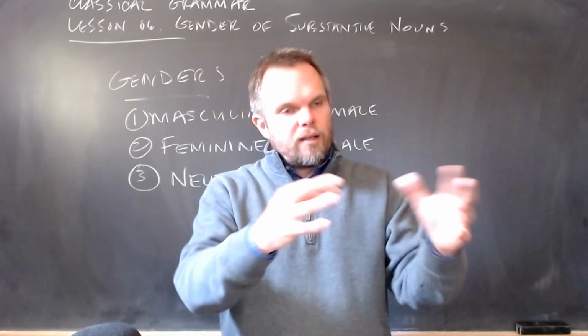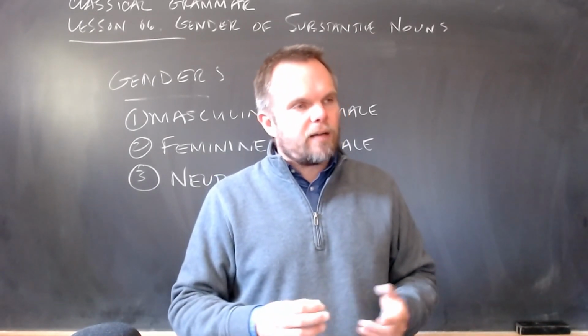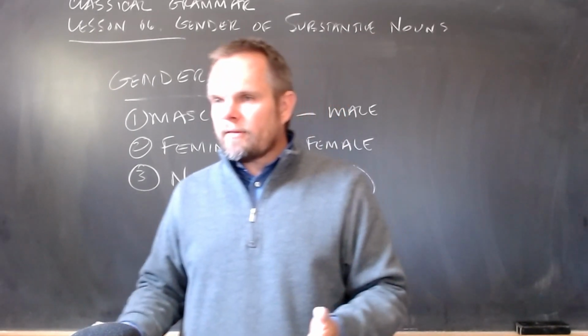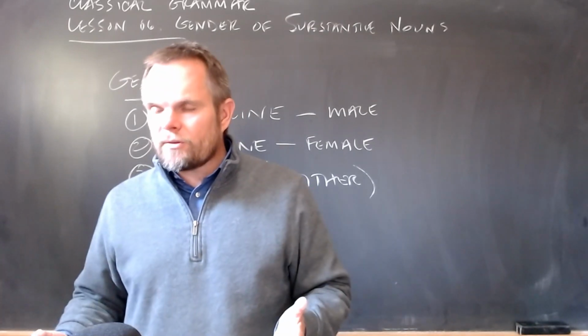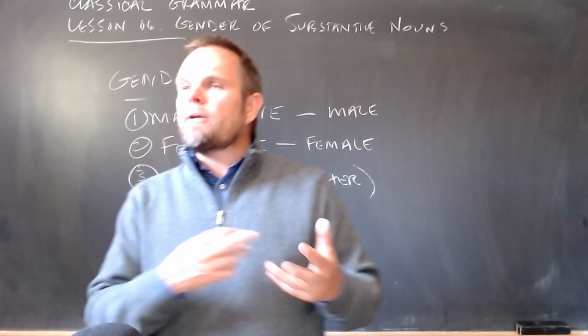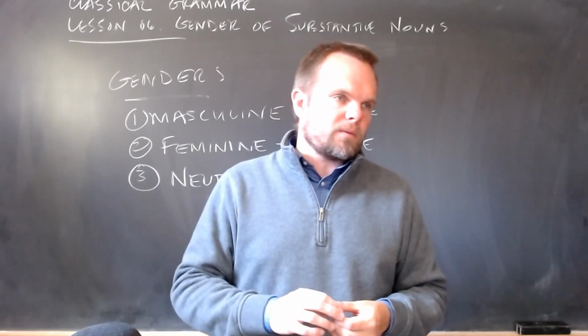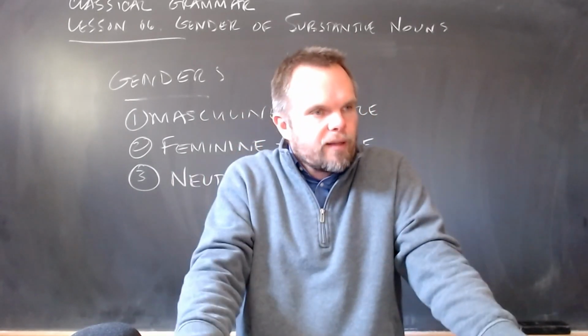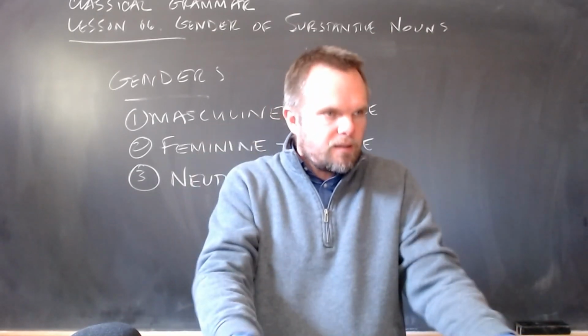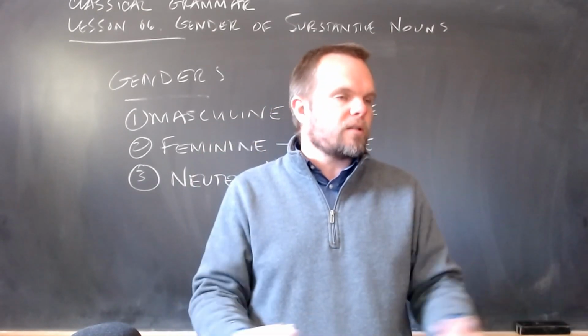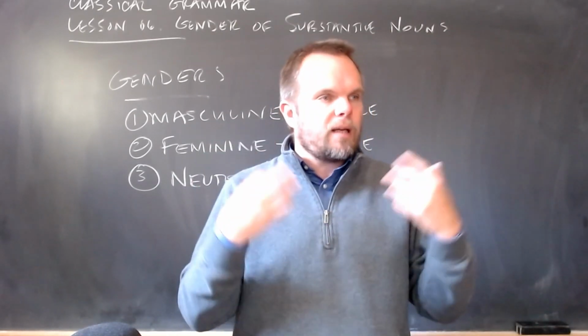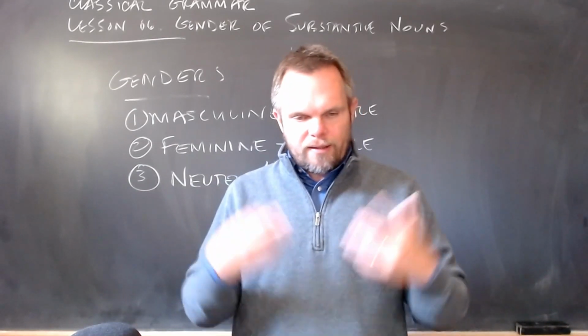And so inanimate things can have gender. Substantive nouns that are not animals can have gender, not because they actually have some sex, but because we give to them some idea of sex or gender as we personify them and think about them in different ways.